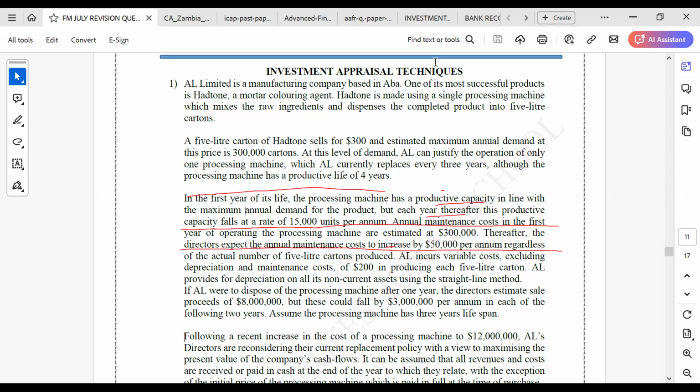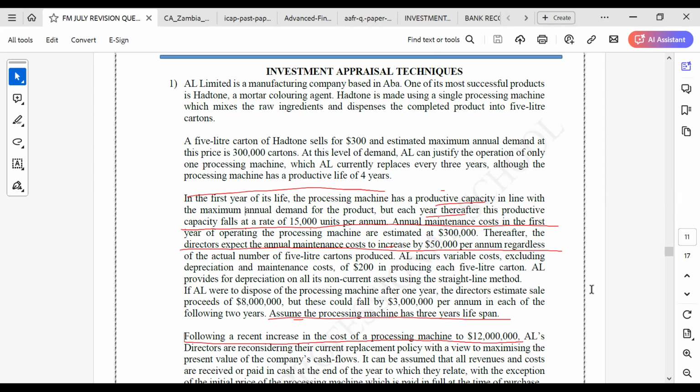Provide for depreciation, assuming the processing machine has 3 years. Okay, following the recent increase in the cost of the processing machine, directors are reconsidering their current replacement policy with a view to maximize.